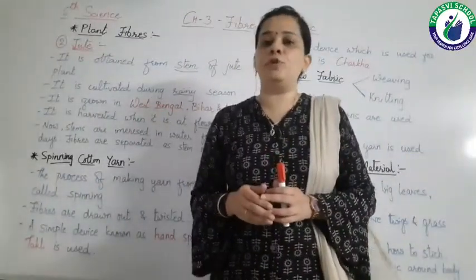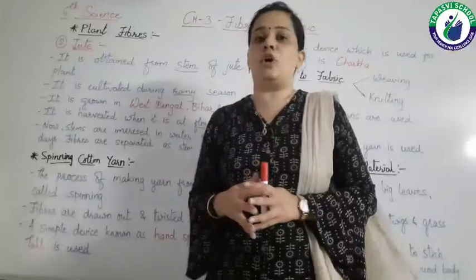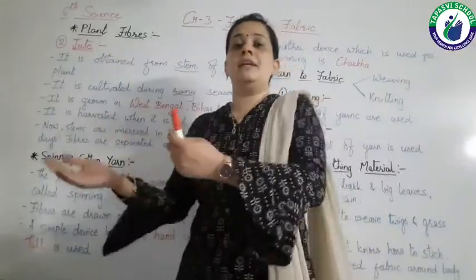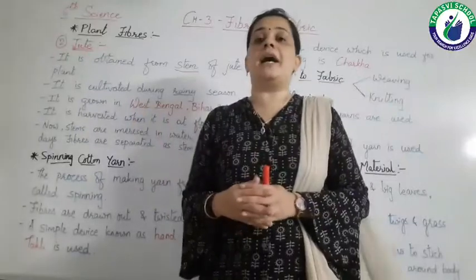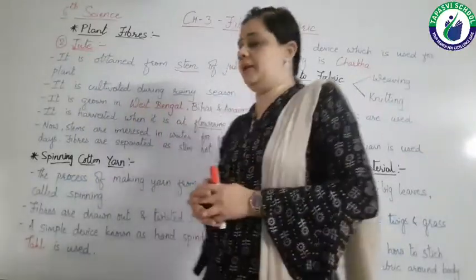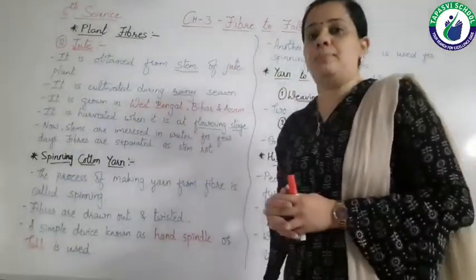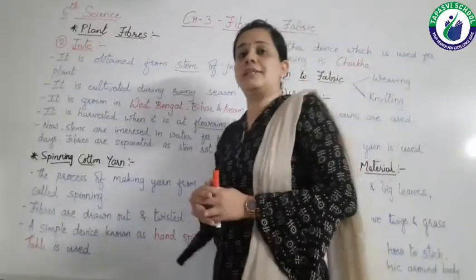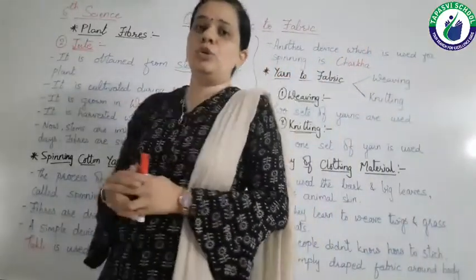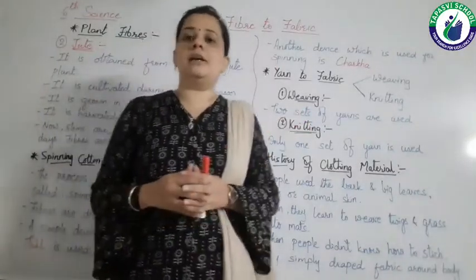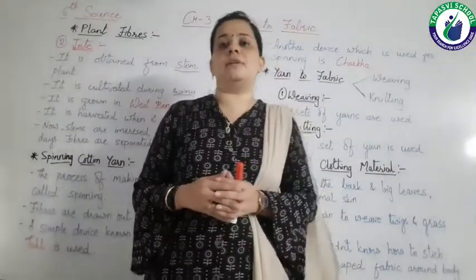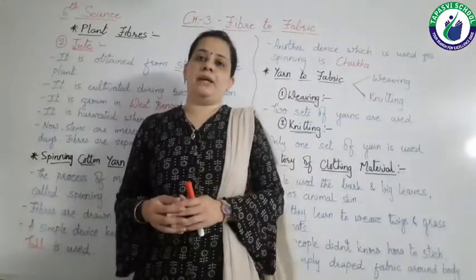And after a few days, when these plants get rotten, okay, then we take them out, and with the help of hands the fibers are easily separated from the jute plant. Right? So this is about the two plant fibers, one which we studied in the earlier lecture, and today we have studied the jute plant.